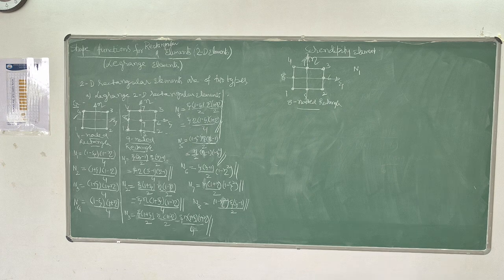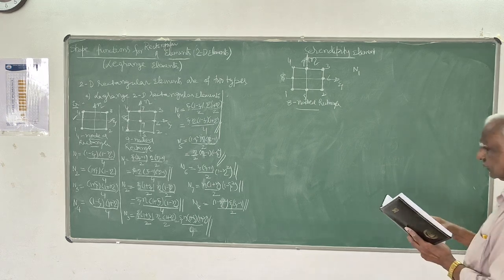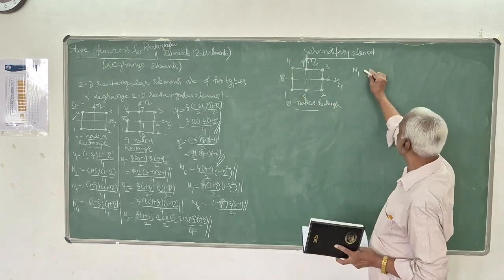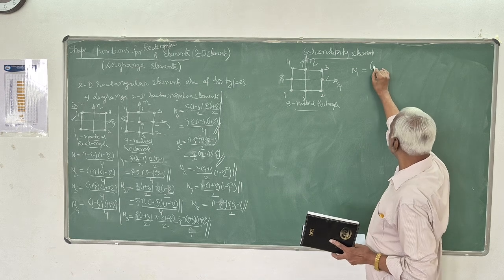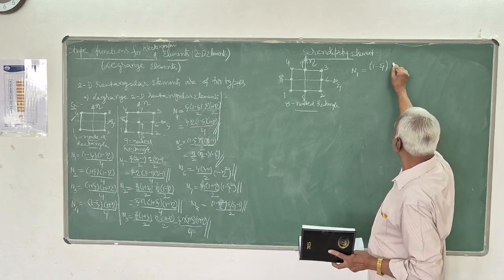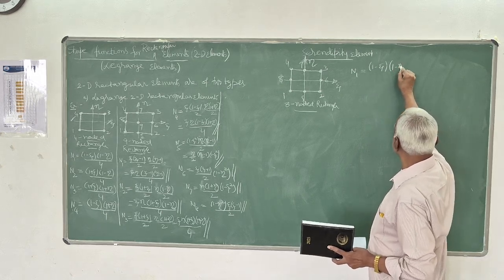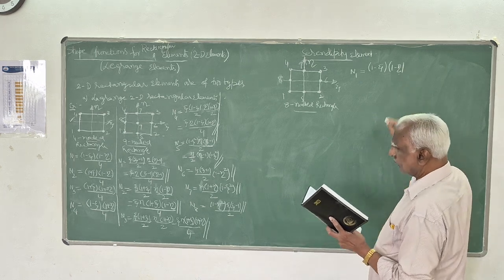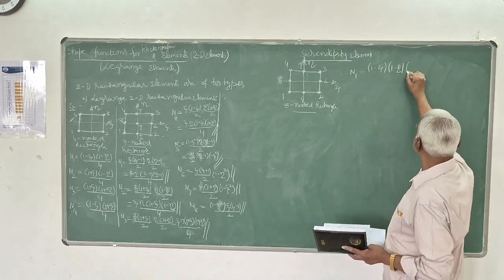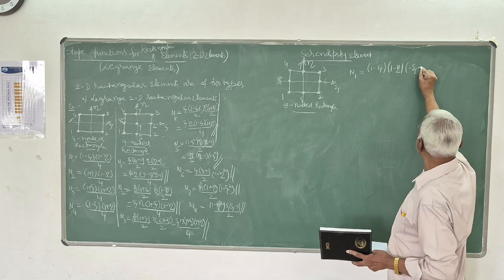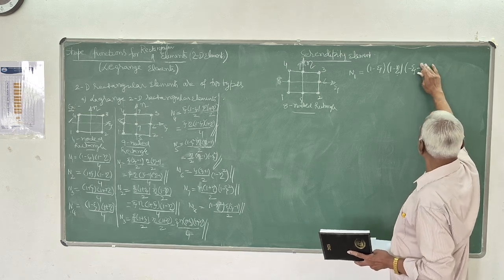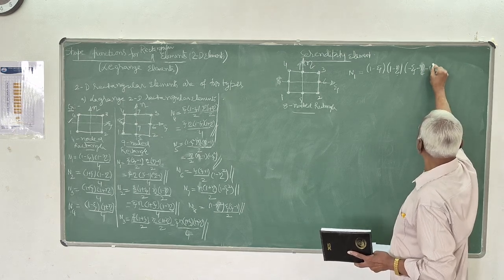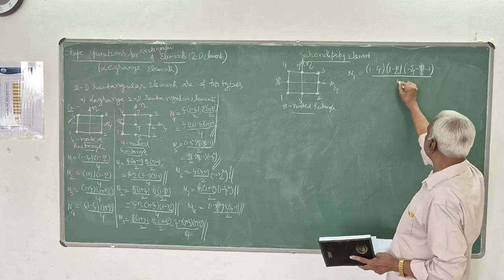So you can just remember that N1 is given by (1 minus psi)(1 minus beta) into (minus psi minus beta minus 1) divided by 4.